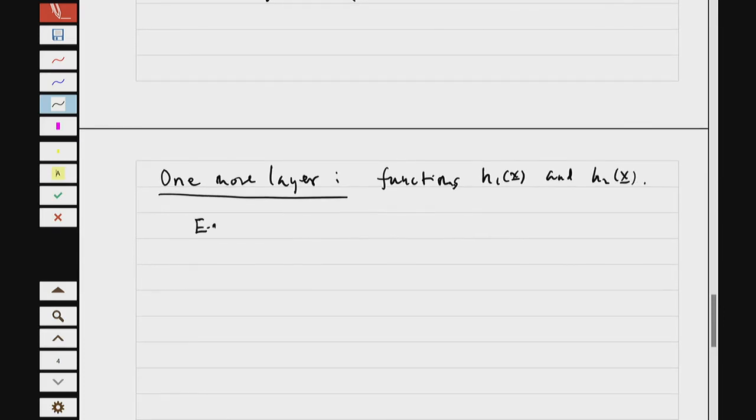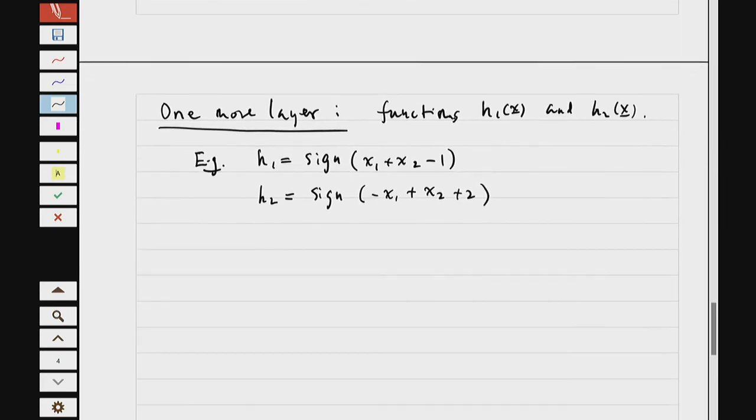For example, if we have already two lines defined by the following perceptrons, H1 and H2, this is an example of a mapping from the space to the H values.